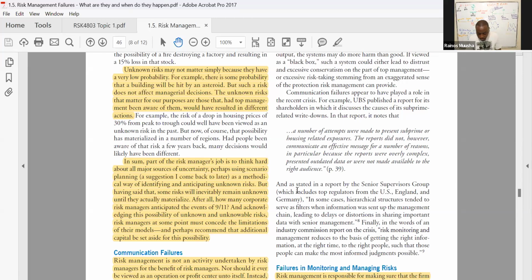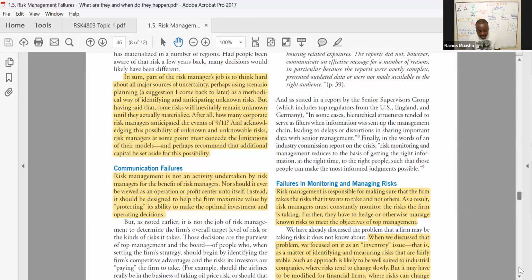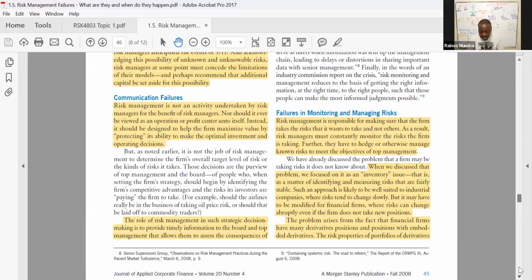We also look at communication failures as another risk management failure. And then they say risk management is not an activity undertaken by the risk managers for the benefit of risk managers, nor should it ever be viewed as an operational or profit center unto itself. Instead, it should be designed to help the firm maximize value by protecting its ability to make the optimal investment and operating decisions.